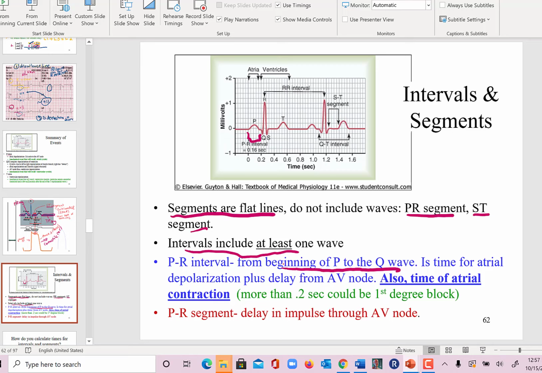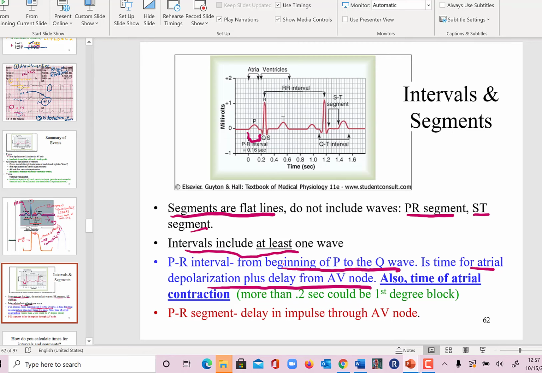It is a time that represents atrial depolarization plus one of the two delays that I talked about in the previous video. There are two delays, one at the AV node and a second one at the bundle of His. The PR interval represents the time for the atrial depolarization and the delay of the AV node.